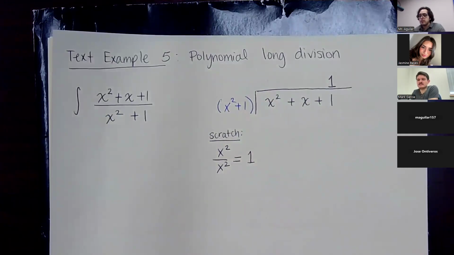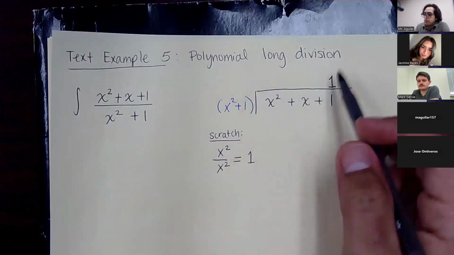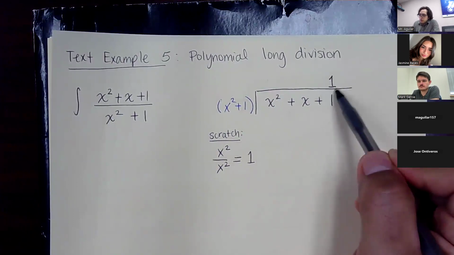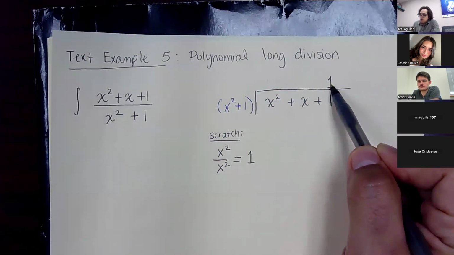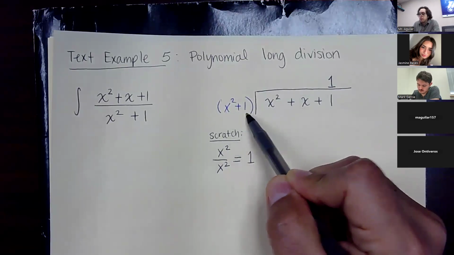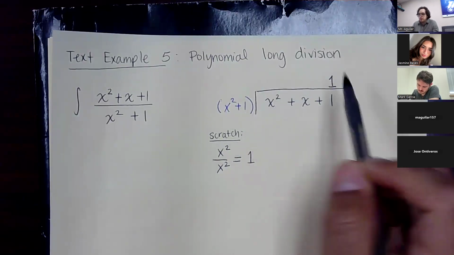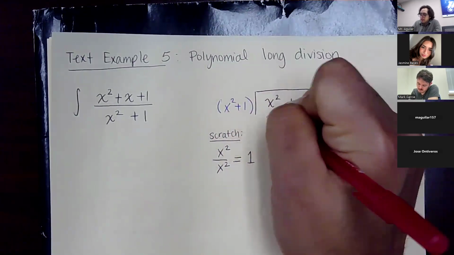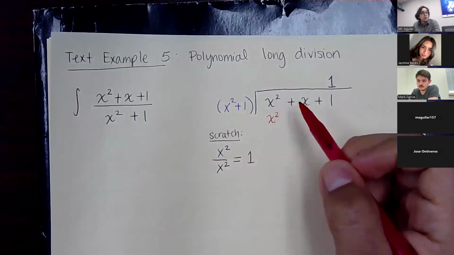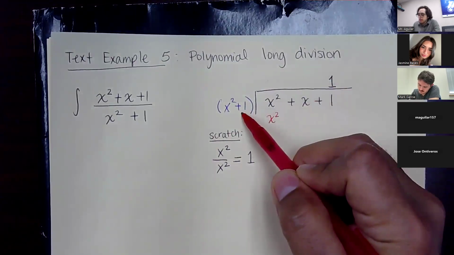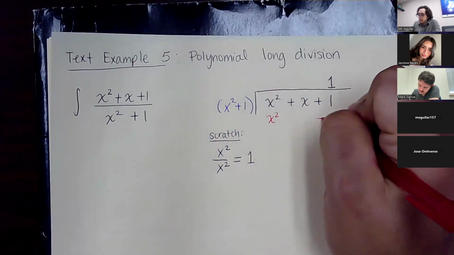Once I have that, just like regular long division, you take the 1 and multiply it by both of these things. We're going to put that result underneath here. So 1 times x squared is x squared. Again, lining up my terms with their exponents, right? 1 times 1 would just be 1, which is right here.